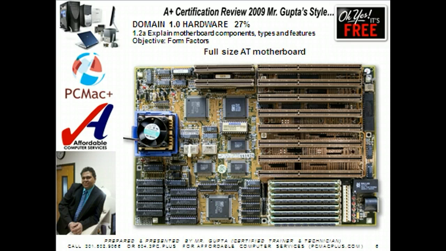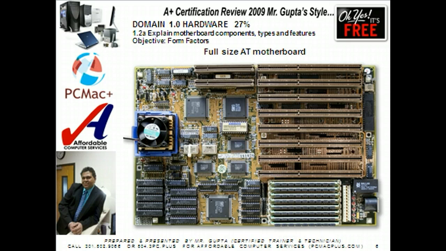The full-size AT motherboard form factor that you see here matched the original IBM AT motherboard design. This allowed for a very large board of up to 12 inches wide by 13.8 inches deep.